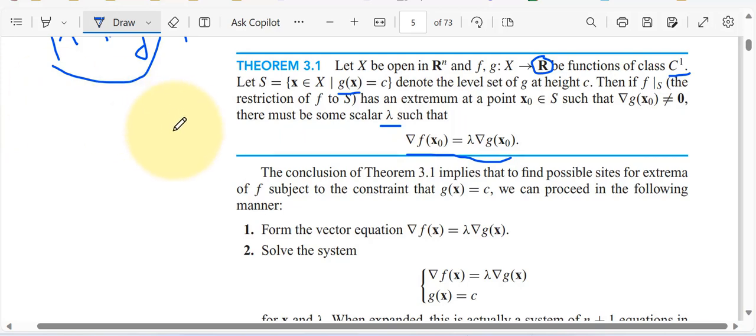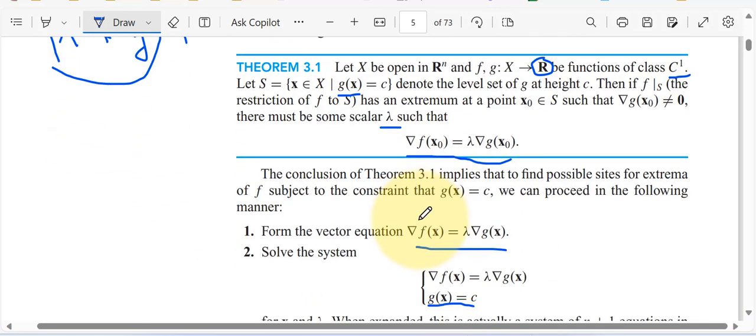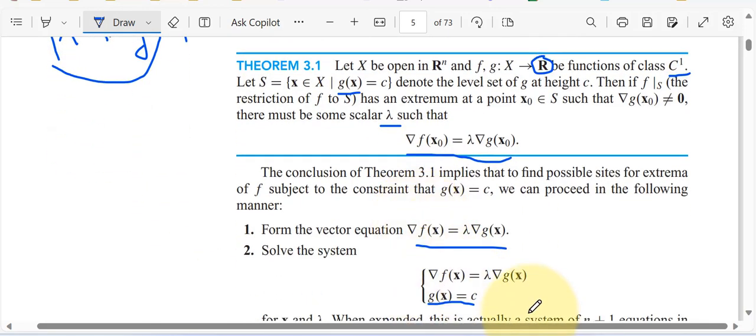So she says, once we have this theorem, what can we do? We form this vector equation, and this gives us a system where we have the vector equation, and then we also have our constraint. Well, we did that also. We had this, and then we also had this. We put that as well in our list of equations.